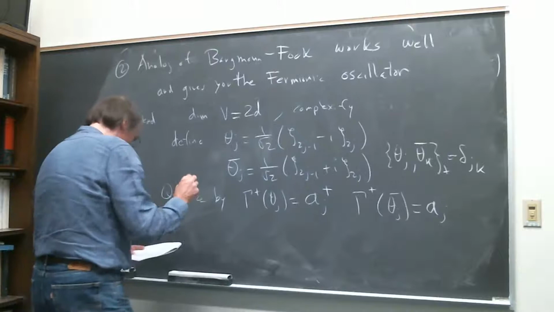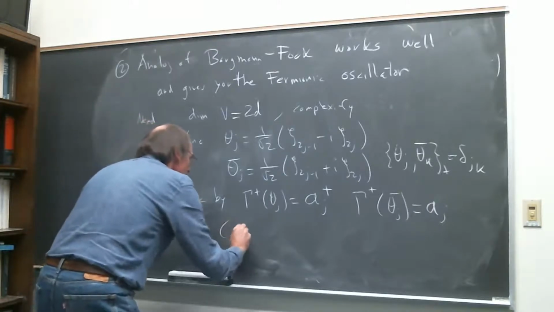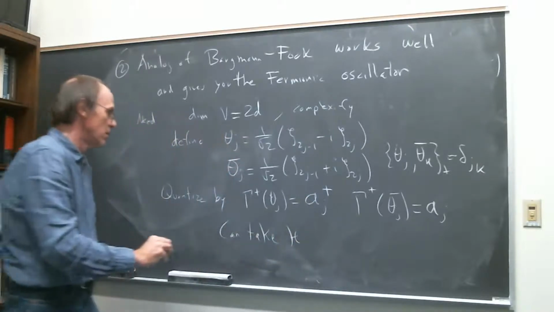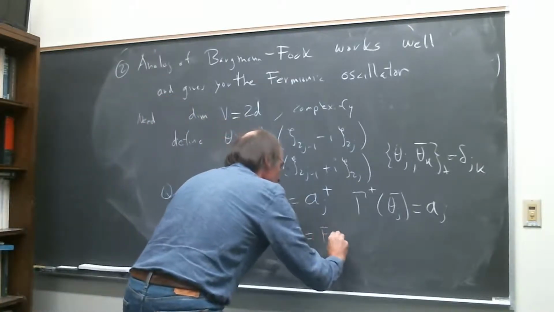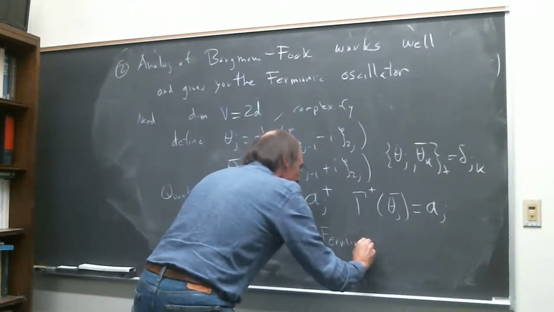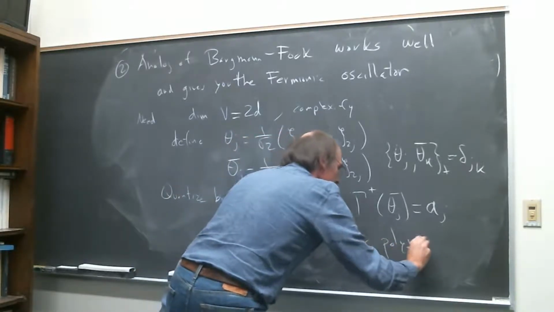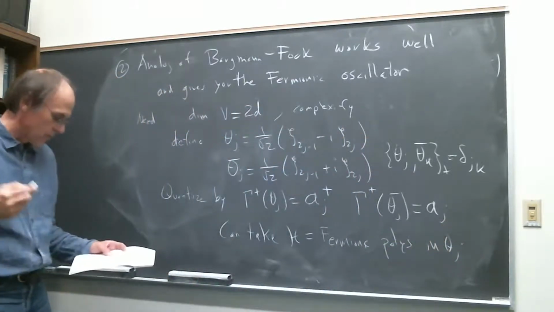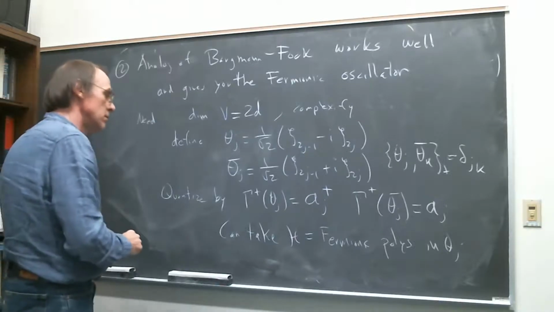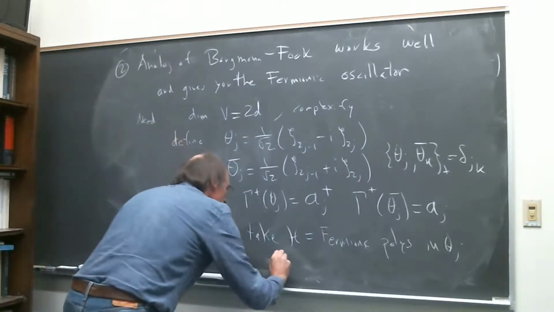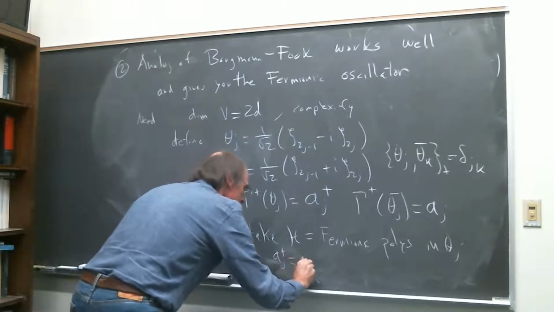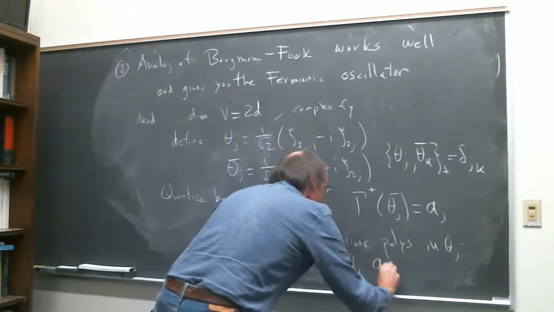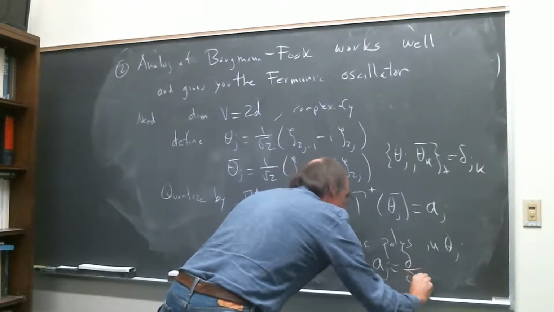You can take H to be the fermionic polynomials in the theta_j, and then A_j dagger is multiplication by theta_j, and A_j is d/d theta_j.